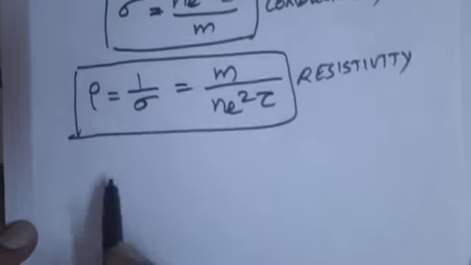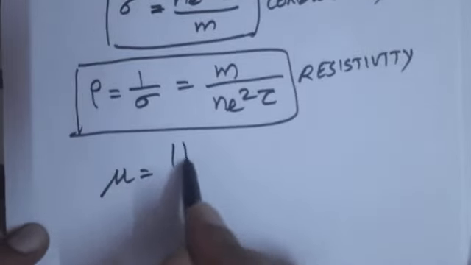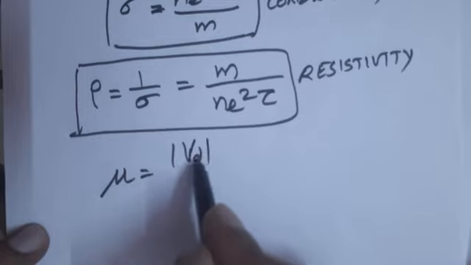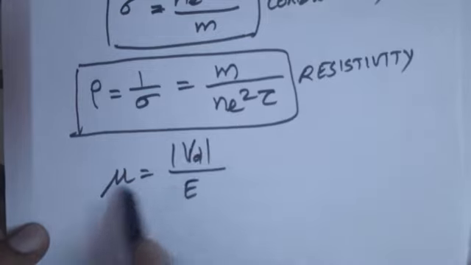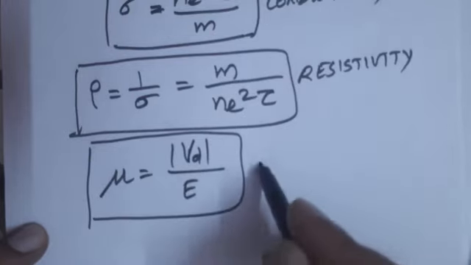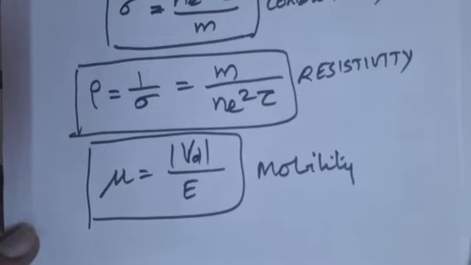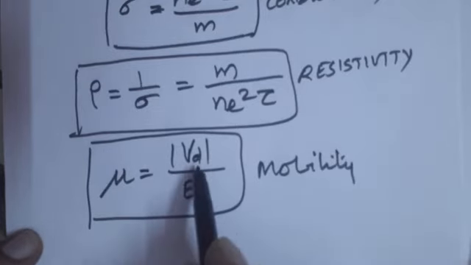Now what is mobility? Mobility mu is drift velocity per unit electric field. Now substitute the value of Vd.